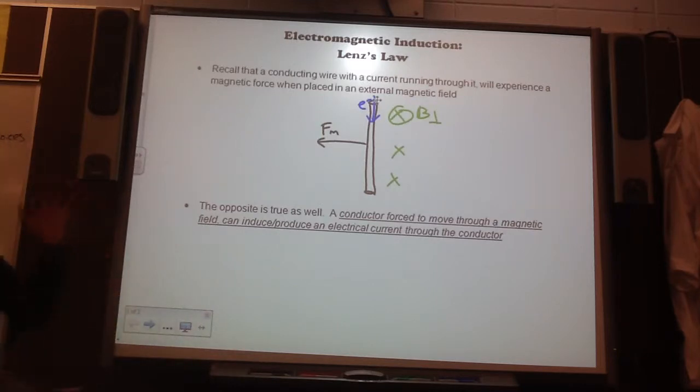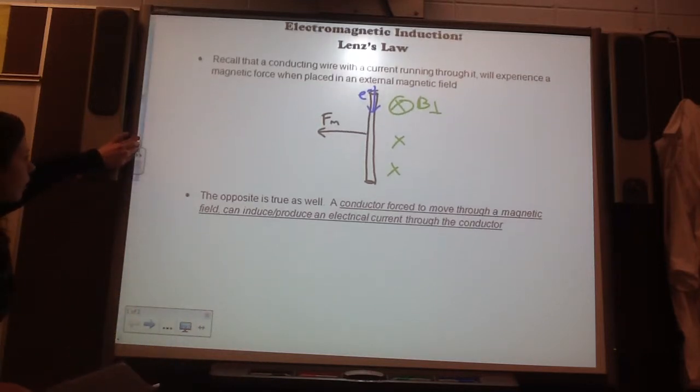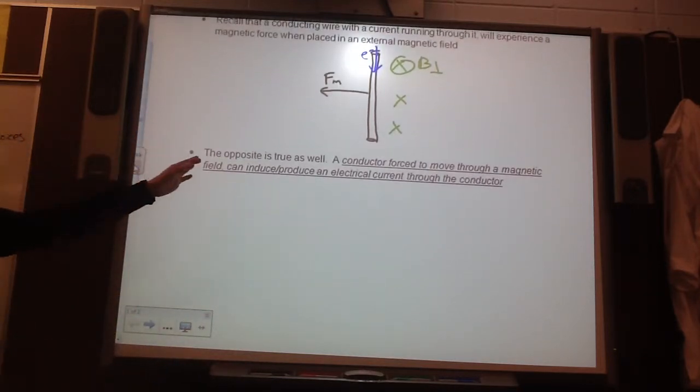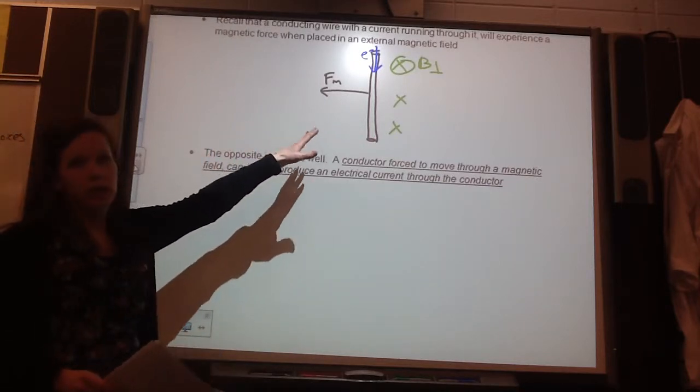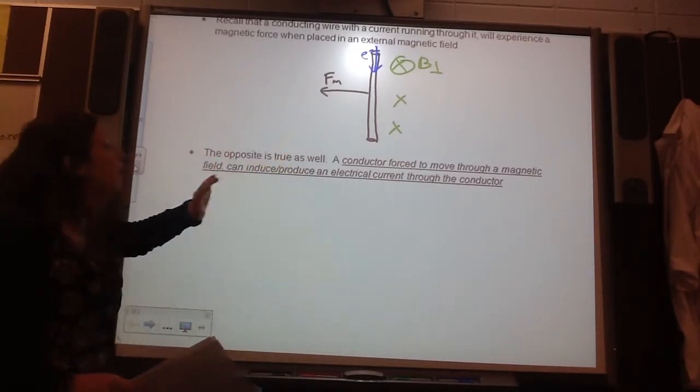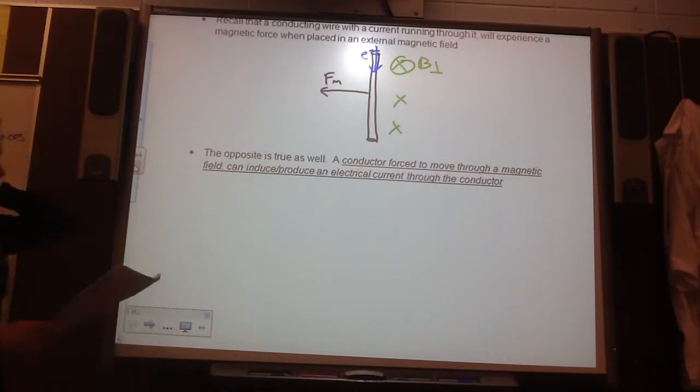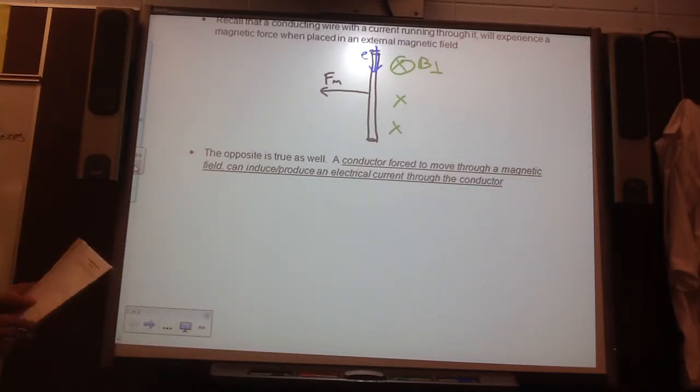So now we're going to take this one step further and say that the opposite of this is true. This was the lesson we just did before this, that was 4.4, F_M.